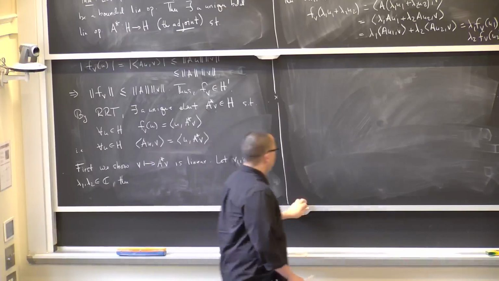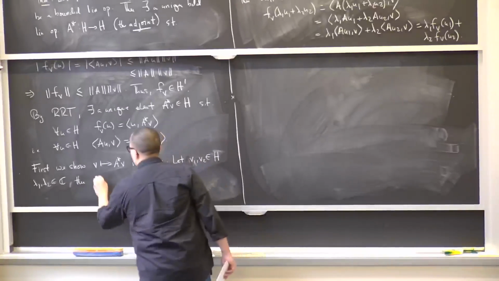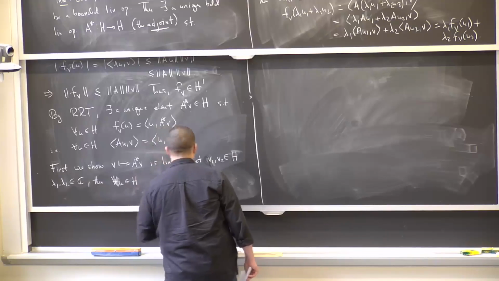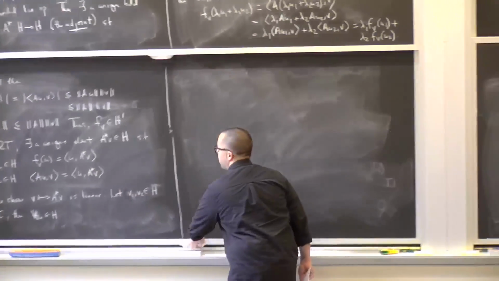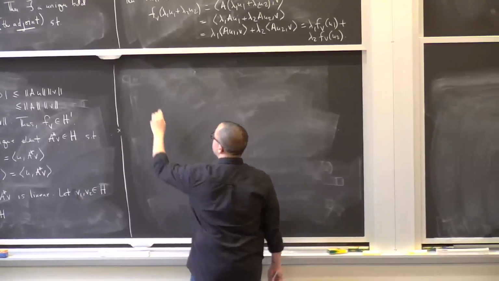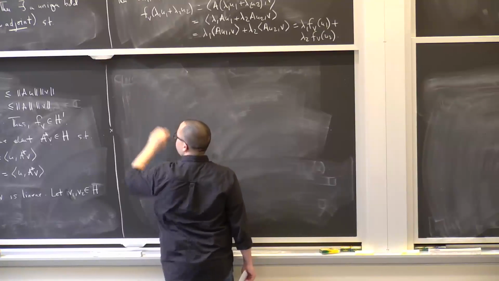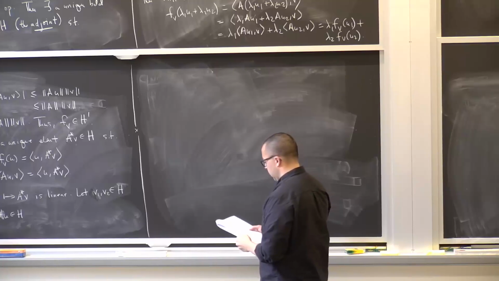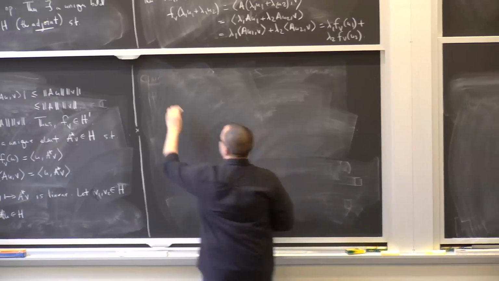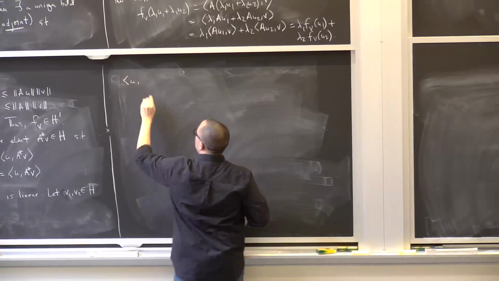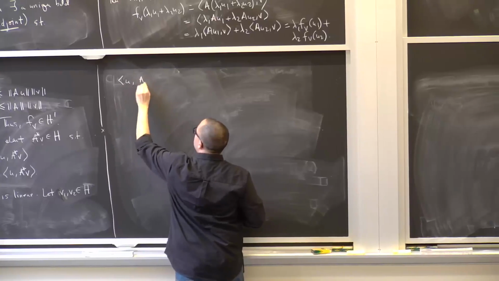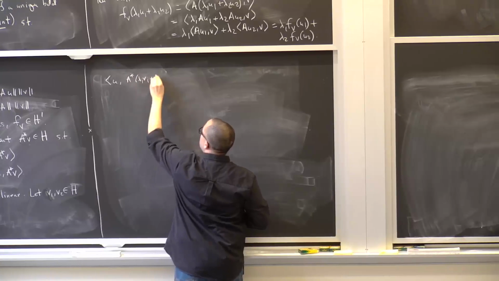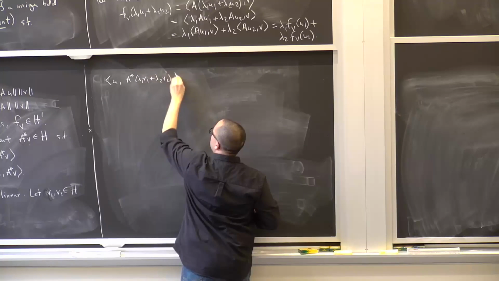Then for all u in H, we have what? If I take the inner product of u with the element A star applied to lambda 1 v1 plus lambda 2 v2.